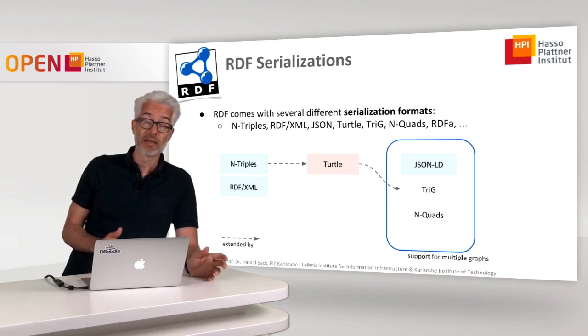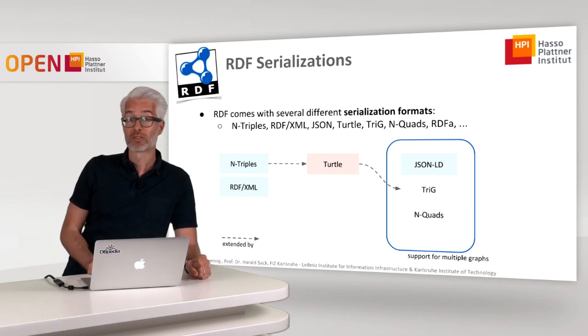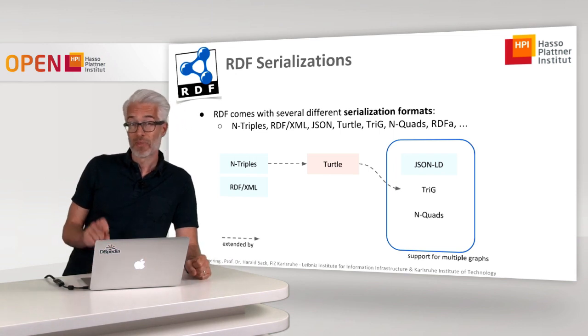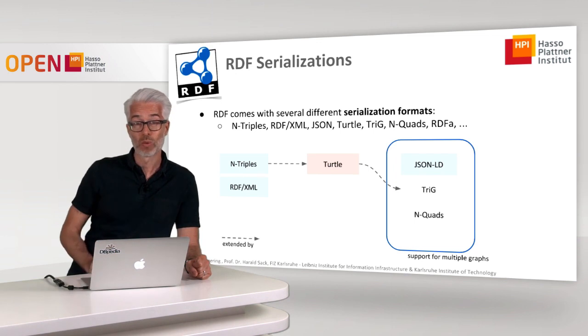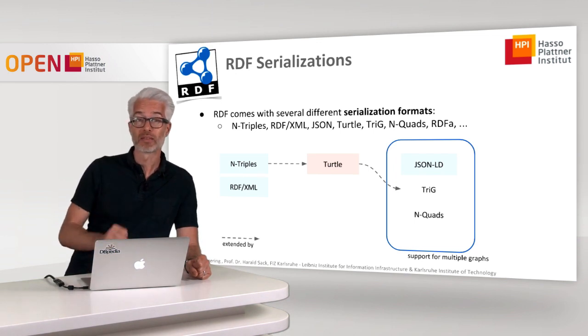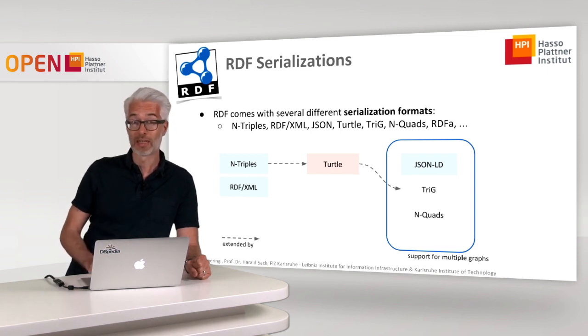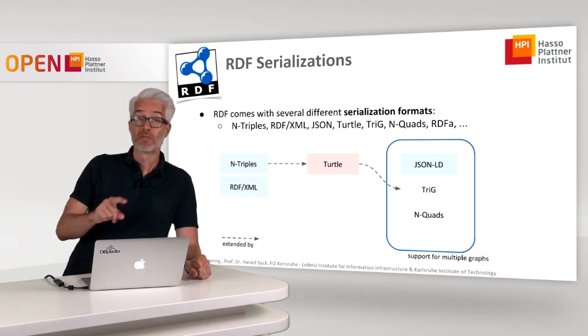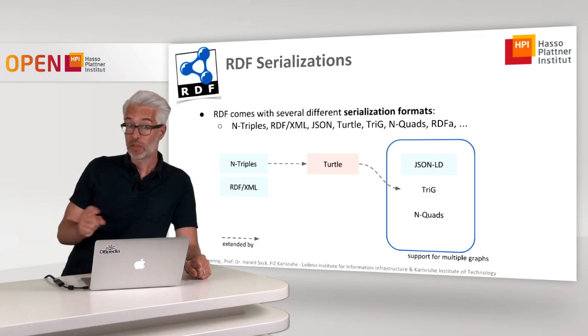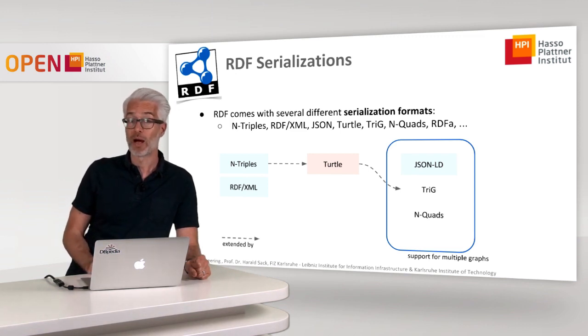Therefore, there is another more comfortable language called Turtle, which offers something called syntactic sugar. These are means that provide better handling and serialization in a more concise, more readable way compared to N-Triples. So we will have a close look at Turtle, and all our examples will be based on Turtle. Nevertheless, for data exchange between applications, for example, there are also other kinds of formats. There is an XML serialization.